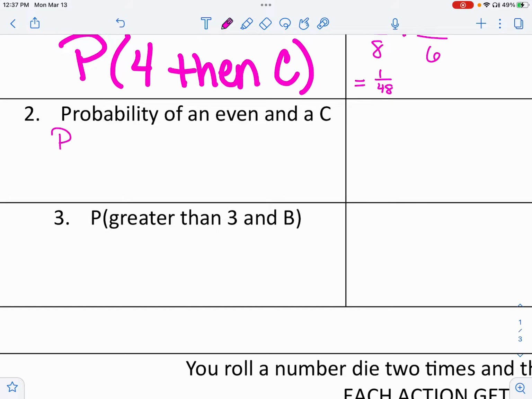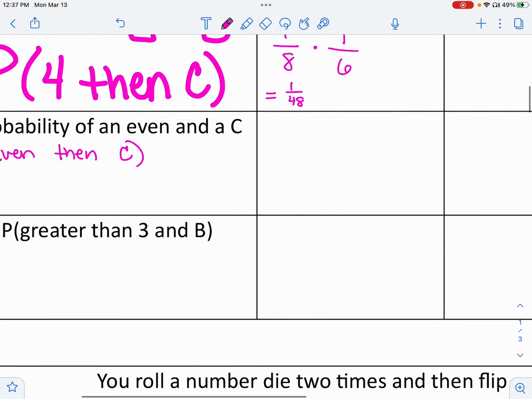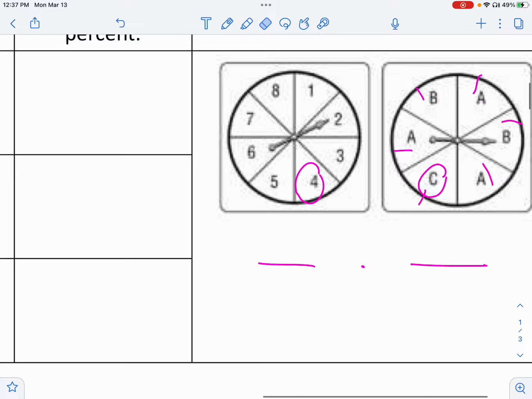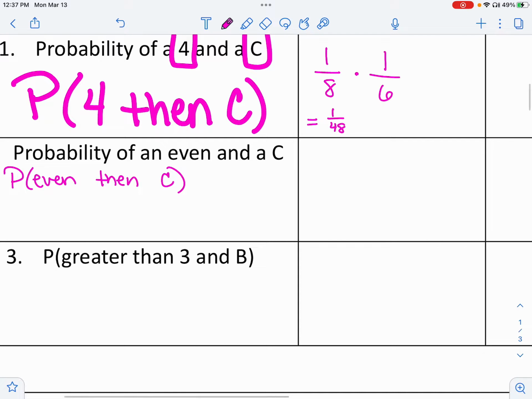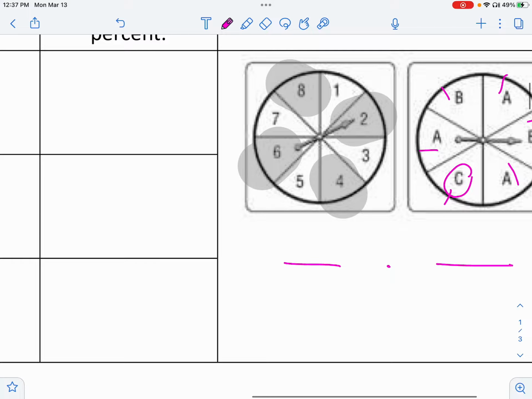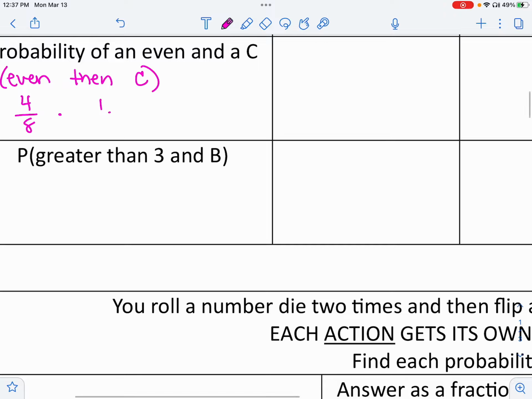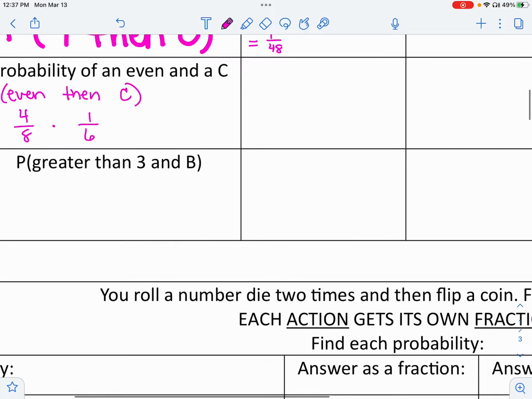So now I need a probability of getting an even, and then I have a second spin, I'm going to get a C. So an even number would be, let's go ahead and erase, even is going to be boom, boom, boom, boom. So that is 4 out of 8 as a possibility. And then I'm going to need to multiply that by, we already did C, there's just one C out of 6 equal spaces. So in your calculator, you're going to multiply that.